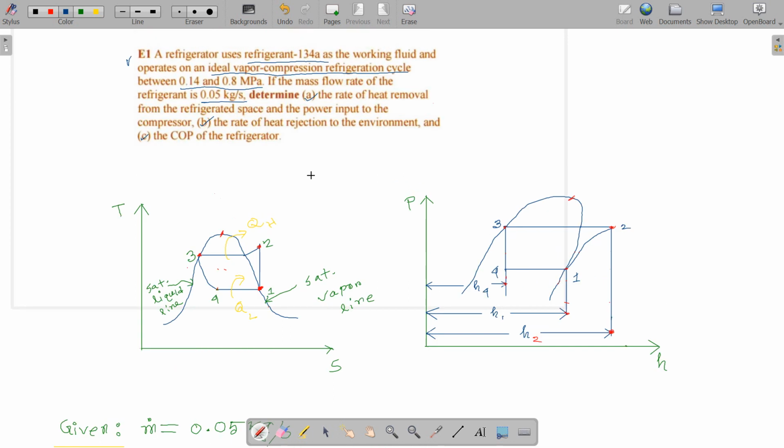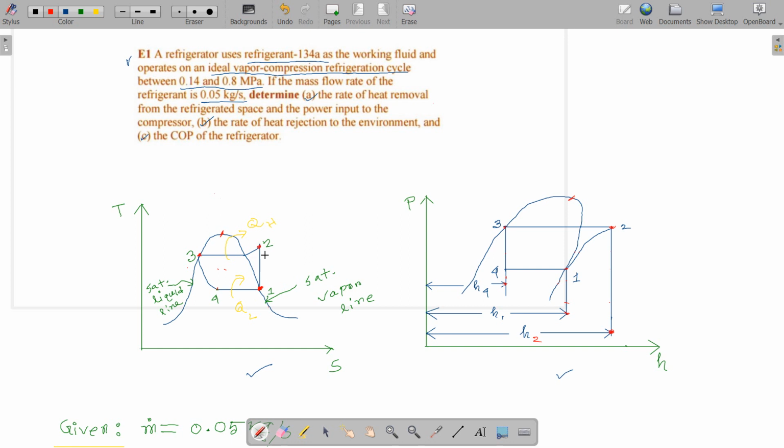So to solve this problem, we first have to know how the TS and PH diagram of an ideal vapor compression refrigeration cycle looks like. So here it is. This is the TS diagram and this one is PH diagram. In this case, point 1 is situated just on the saturated vapor line.